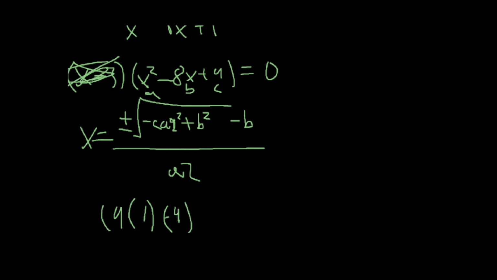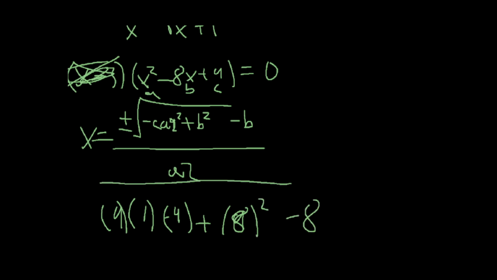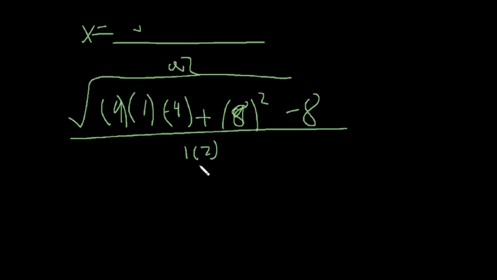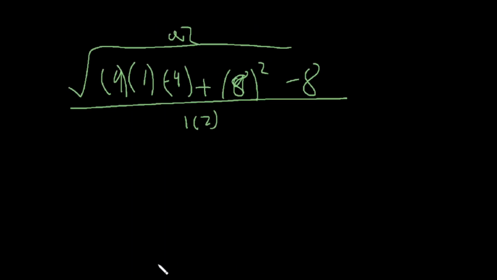Negative 8 squared minus 4 times 9 under the square root, over 1 times 2.